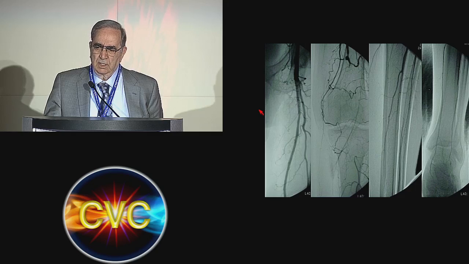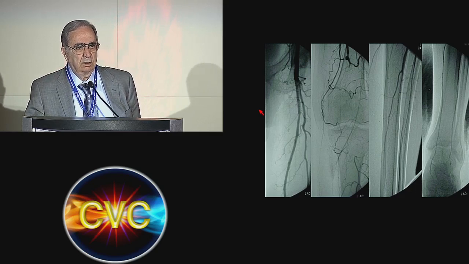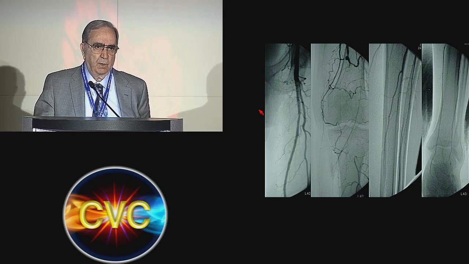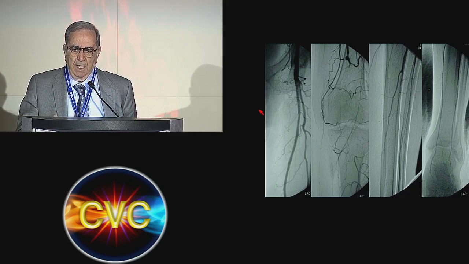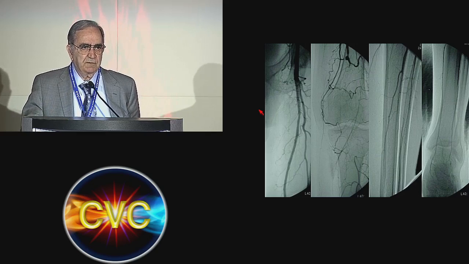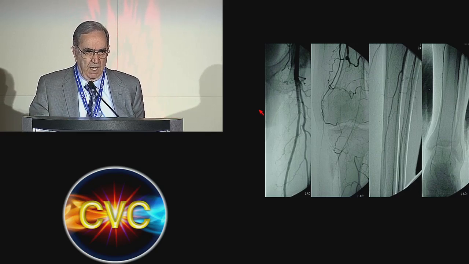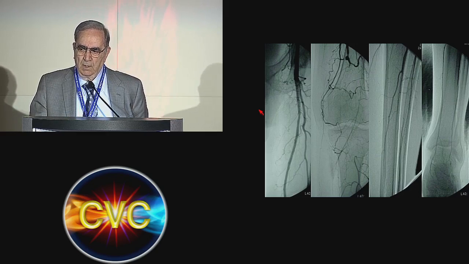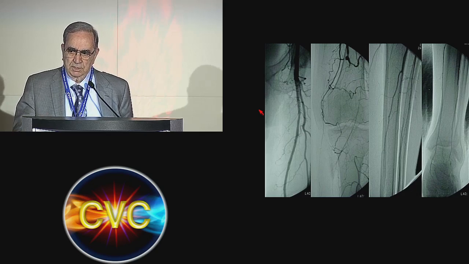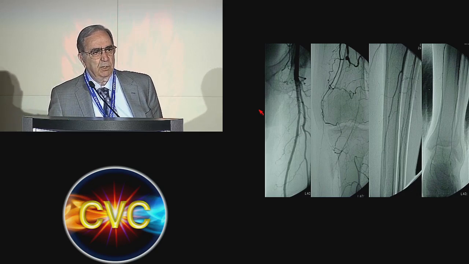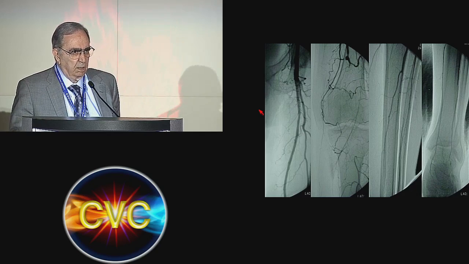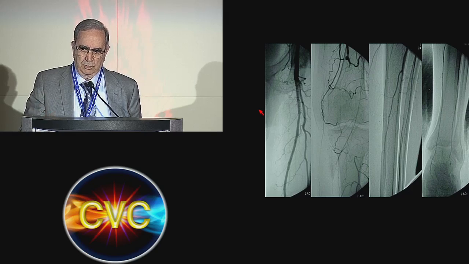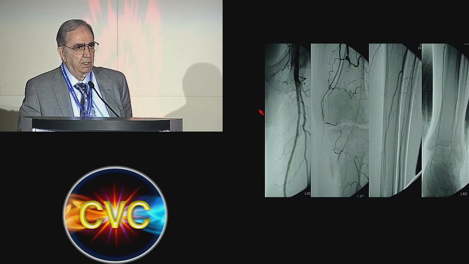This is a patient who already had a stent graft which thrombosed, then had a saphenous vein bypass graft. That one also thrombosed, and now he had severe claudication. So I thought I might be able to get his vein graft open, because there was no way to do anything further with his aneurysm.